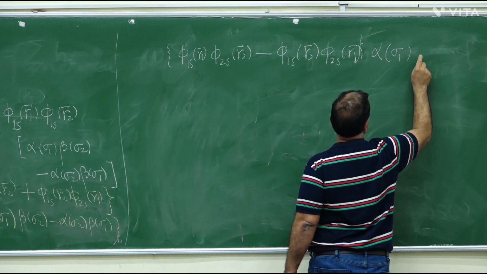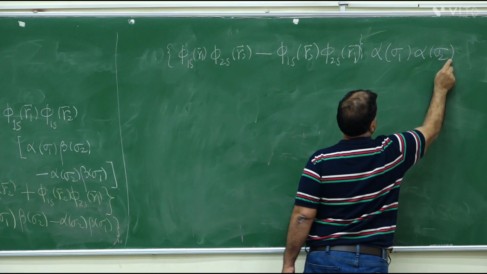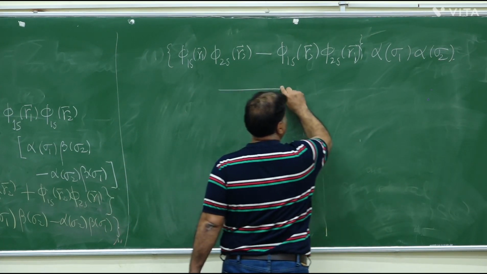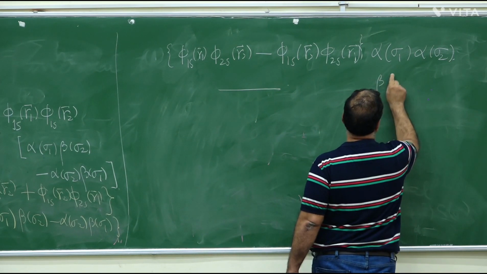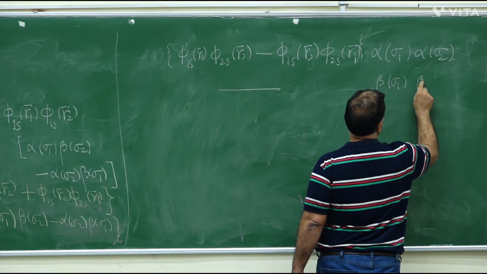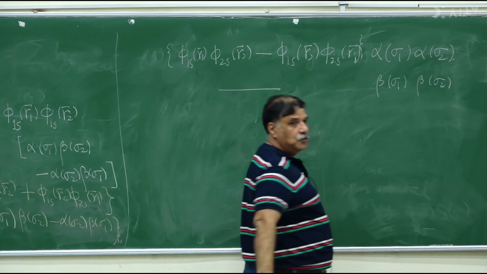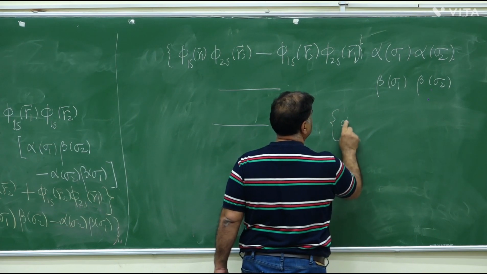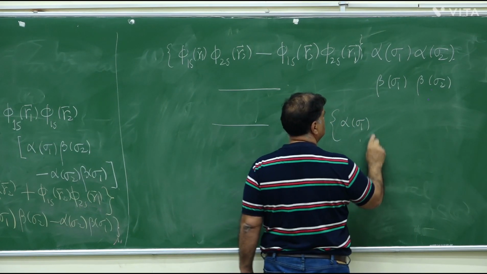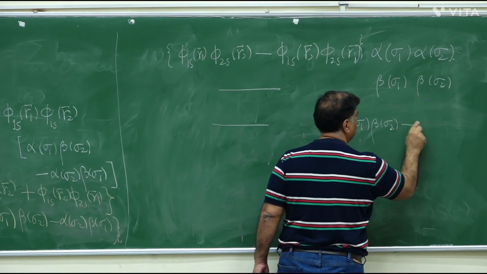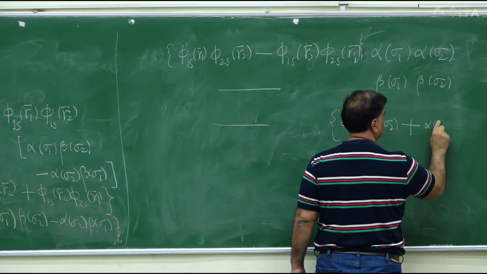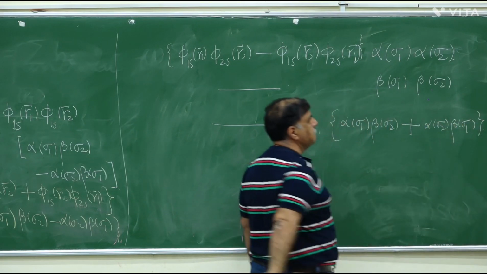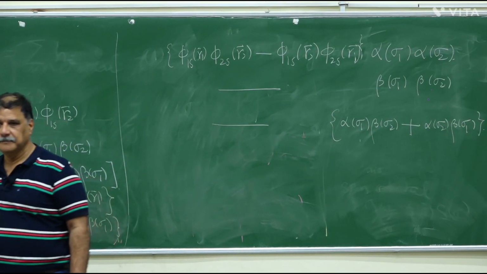Times alpha sigma 1, alpha sigma 2, or the same thing, beta sigma 1, beta sigma 2, or the same thing, alpha sigma 1, beta sigma 2 plus alpha sigma 2, beta sigma 1.